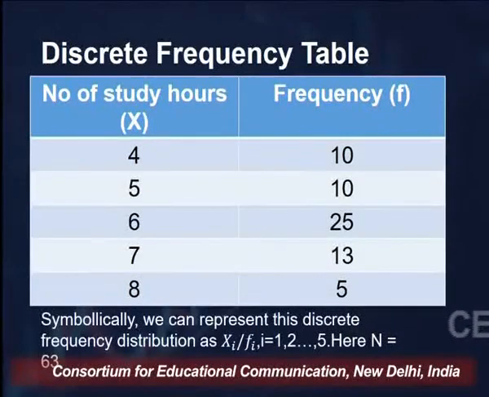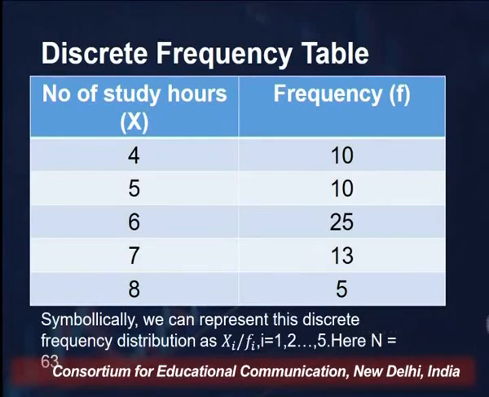The discrete frequency table will look like this. It will have two columns. First will be the number of study hours, which I am notionally denoting by capital X, and the other is frequency, which gives the number of times a particular observation on X is repeating.